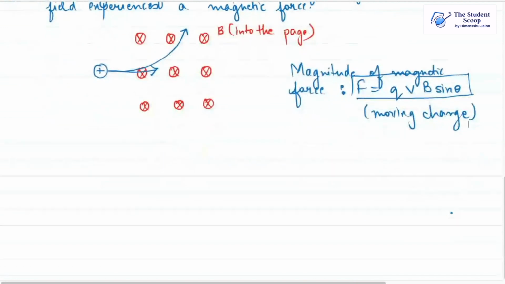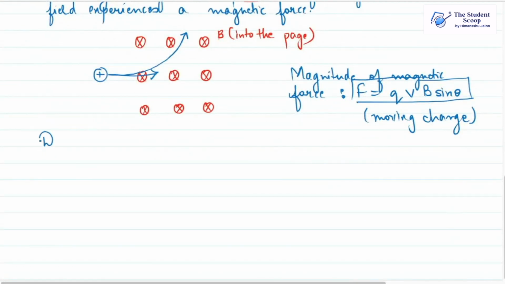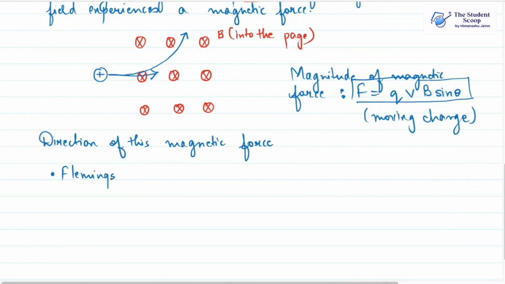Now, how do we find out the direction of this force? To find out the direction of this magnetic force, we use Fleming's left hand rule.